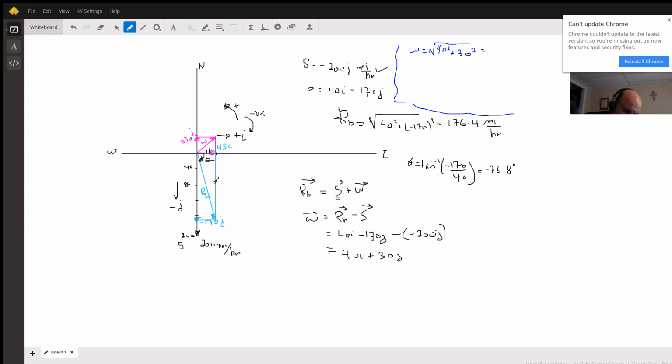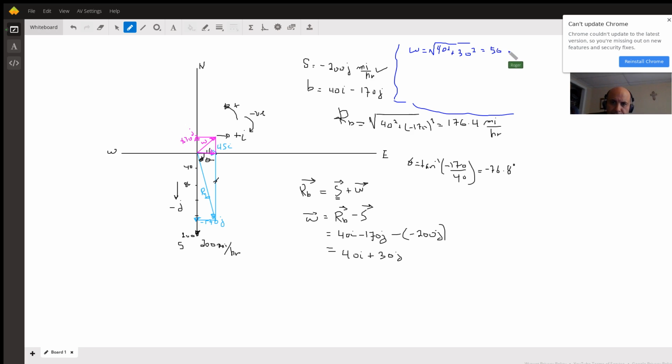Square root of 30 squared plus 40 squared. I got 50. 50 what?